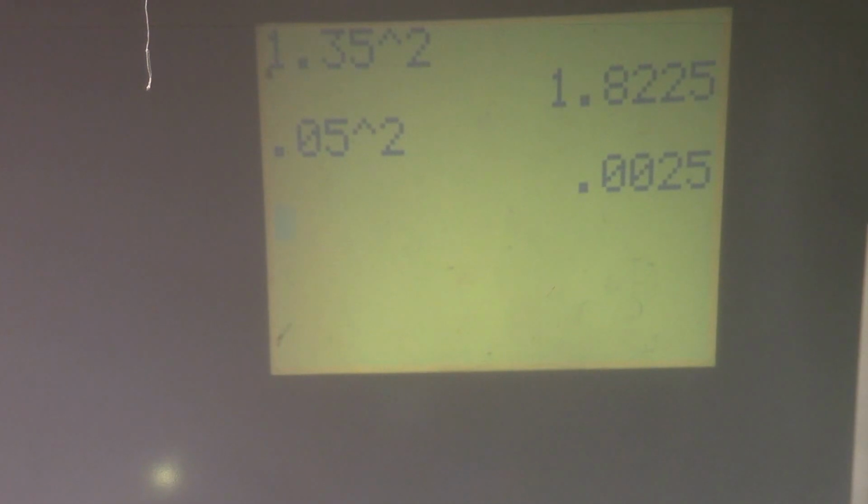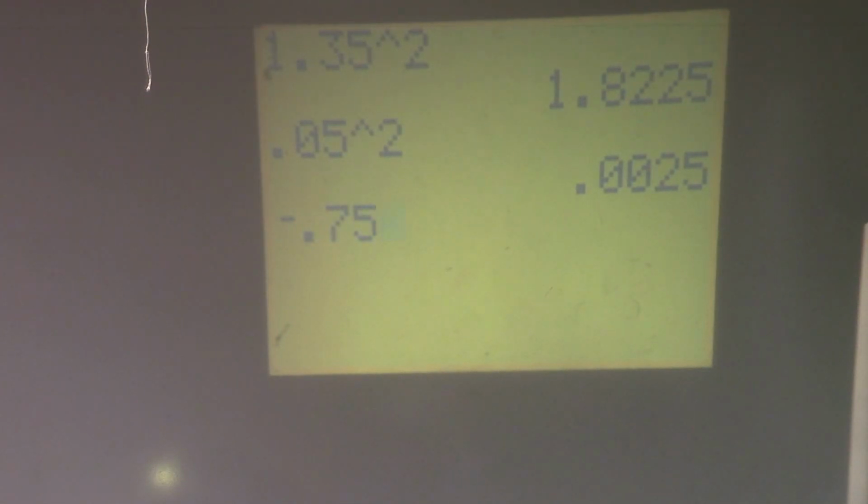Get 0.0025, and 4.8 minus 5.55 is negative 0.75. You don't even need to type the negative sign in here, but do it.